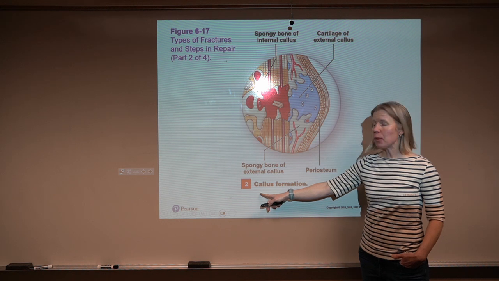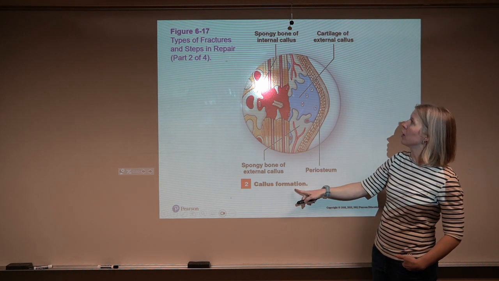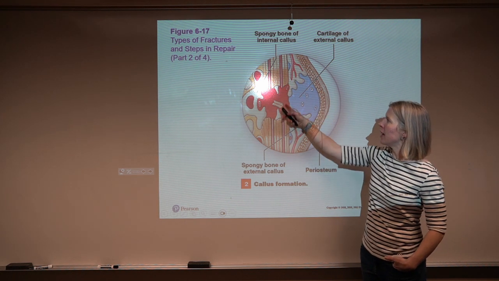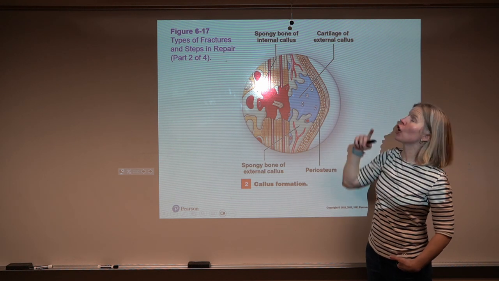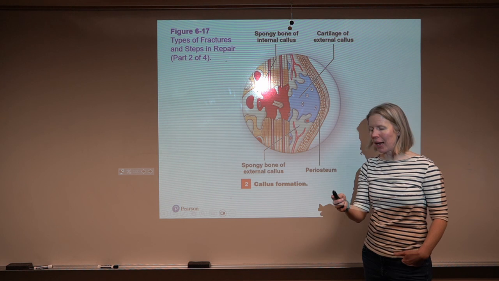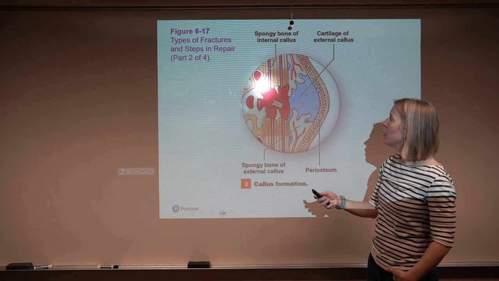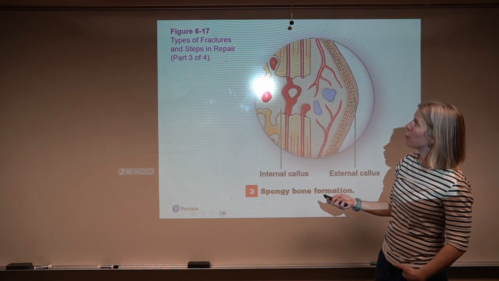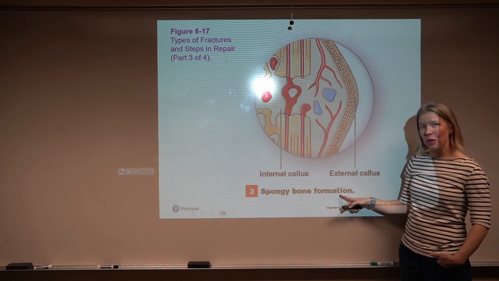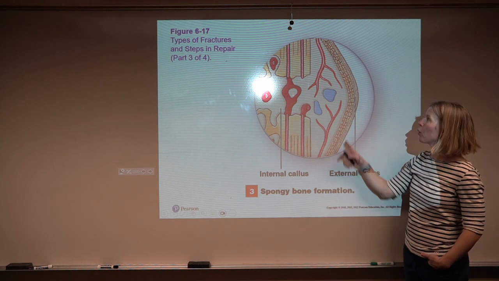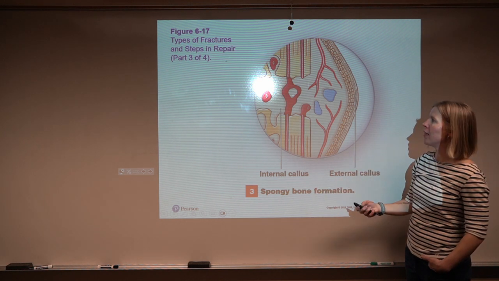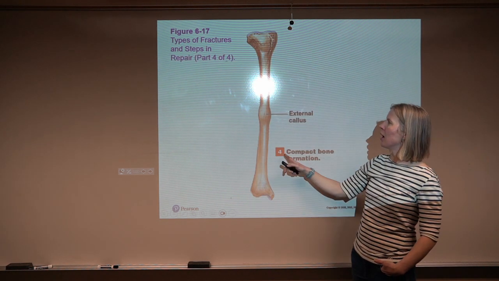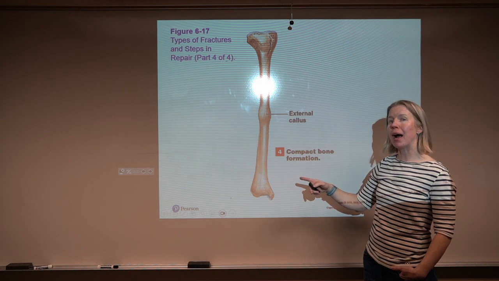So the second step of repair, we're going to get what's called a callus. So in that area that kind of filled with blood, we're actually going to see cartilage, right? We're almost going back to that kind of original template. Cartilage can form in there first, and then we're going to start remodeling it. We're going to turn that cartilage into spongy bone, and then we'll continue remodeling that back into compact bone.